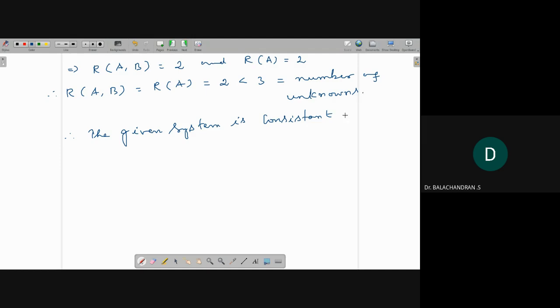So what does infinite number of solutions mean? We need to mention infinite number of solutions.